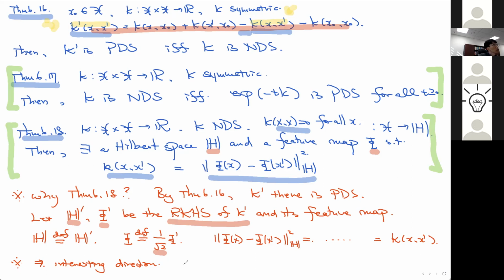So say we have exponentiation. So exponentiation of t times k prime, x and x prime.